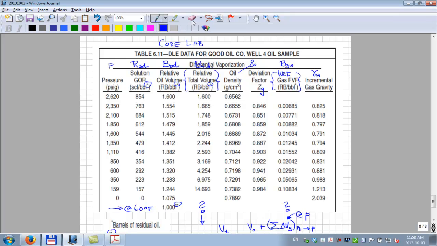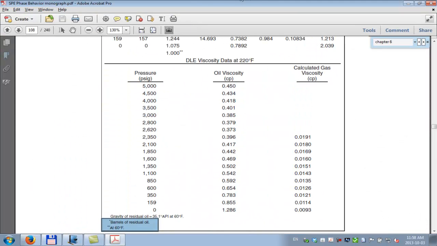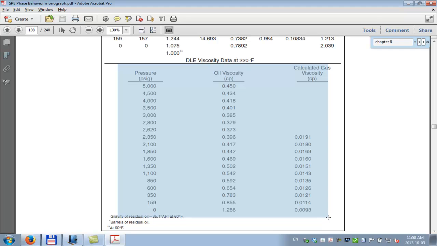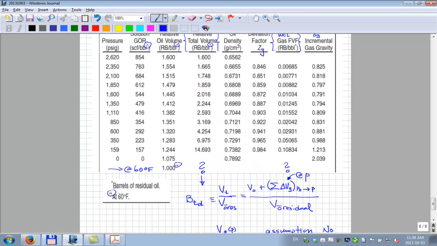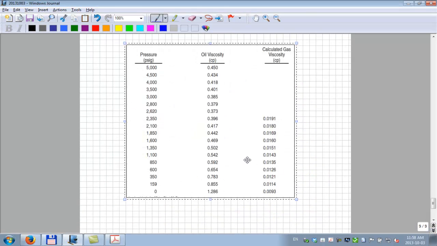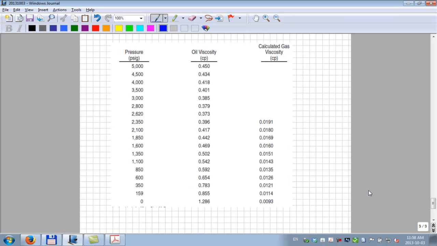The viscosities are given in a report basically here. I know we're just about out of time. This is the last thing I'll make a comment about. We've already talked about how the oil viscosity varies with pressure above and below the bubble point, but I wanted to mention the gas viscosities. Of course, that's at pressures below the bubble point because there is no gas above the bubble point.